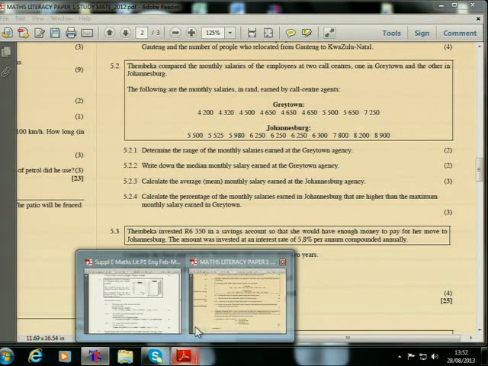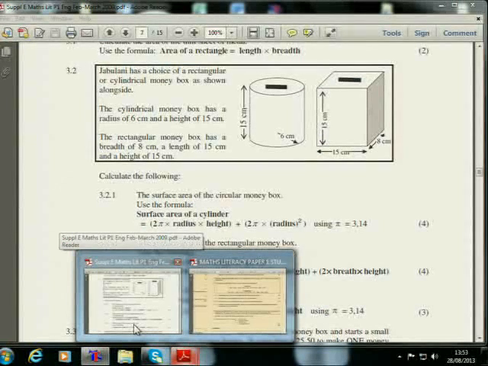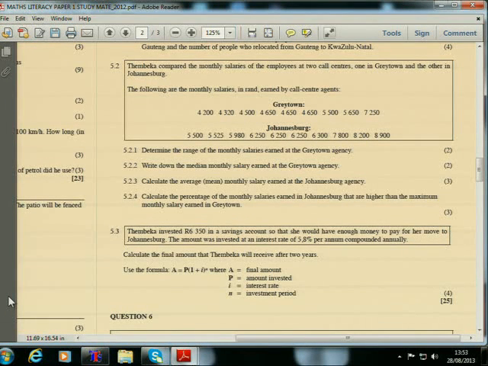We are going to add all those numbers. It's 5,500 plus 5,525 plus 5,980 plus 6,250 plus another 6,250 and another 6,250 plus 6,300 plus 7,800 plus 8,200 plus 8,900.